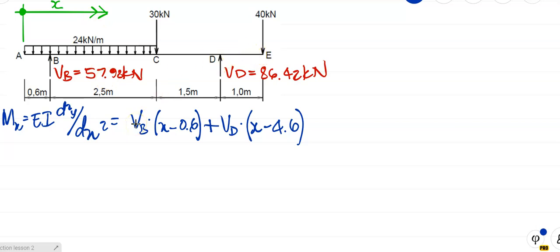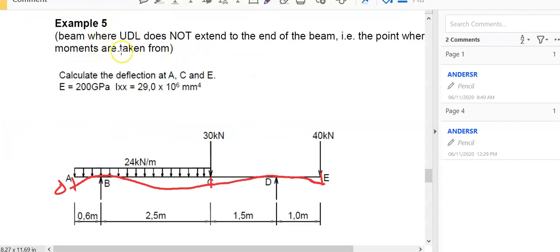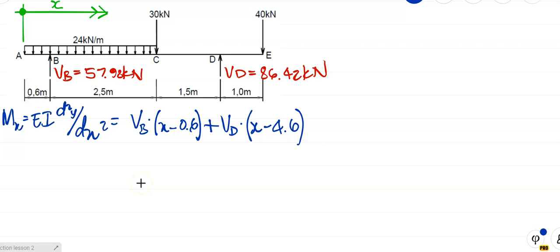Now. Are you tuning in? It said there, this is a beam where the UDL does not extend to the end of the beam. Now, very important. According to Macaulay, there's a very clever person, passed on.